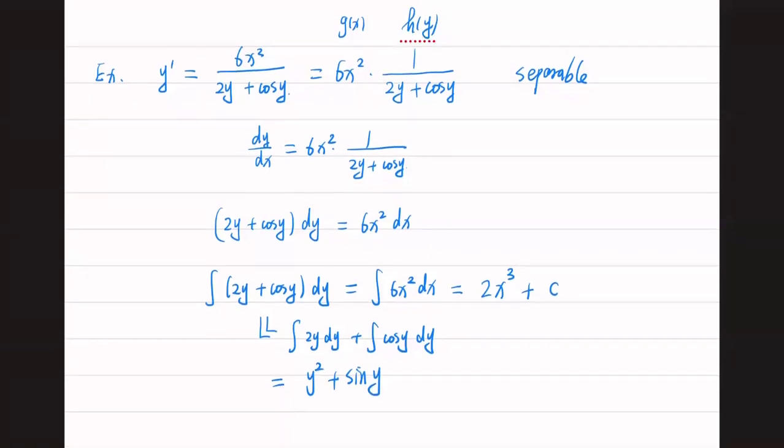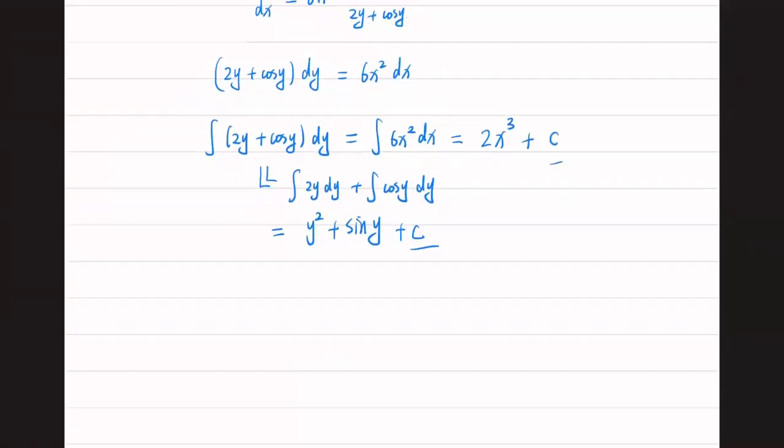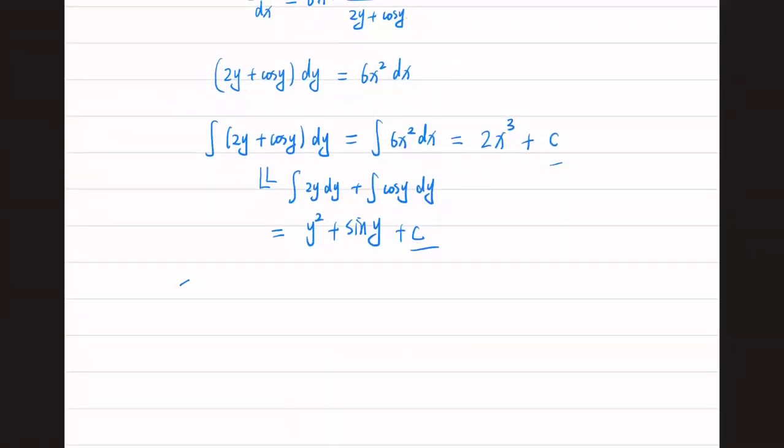Again, we have integration constants, but we can only keep one of them. Now our solution is this, an implicit solution. The dependence of y on x is implicit.